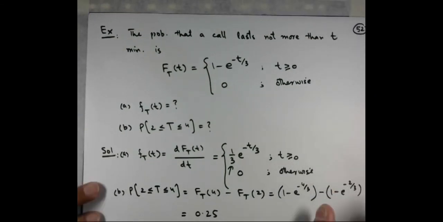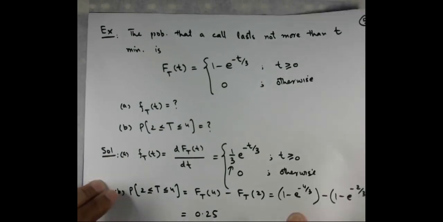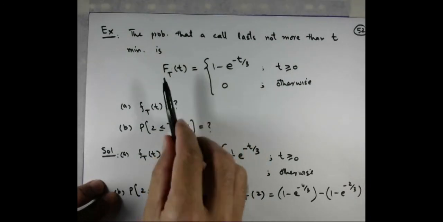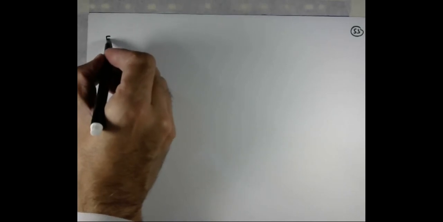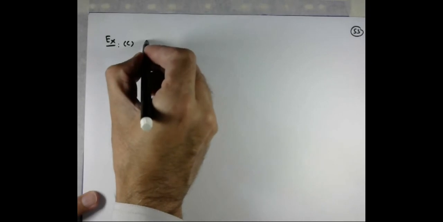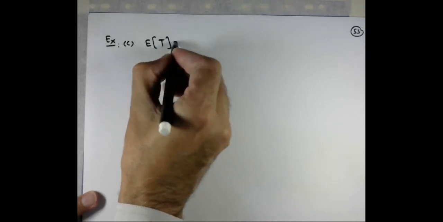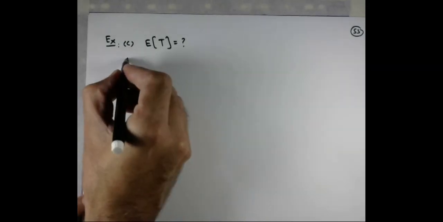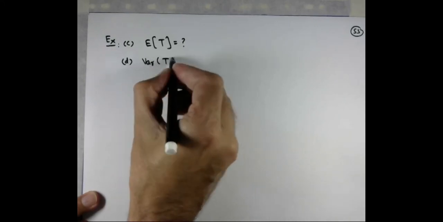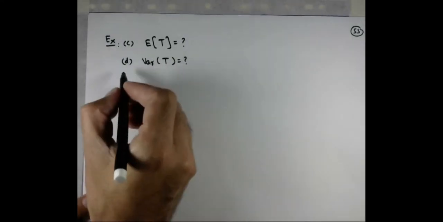I'll extend the example and see if we can find the expected value of the call duration, expected value of the random variable t, which models the call duration time. So now we extend the example, and in part C we'll see how we can calculate the expected value of t. In part D we'll see what is the variance of the call duration.